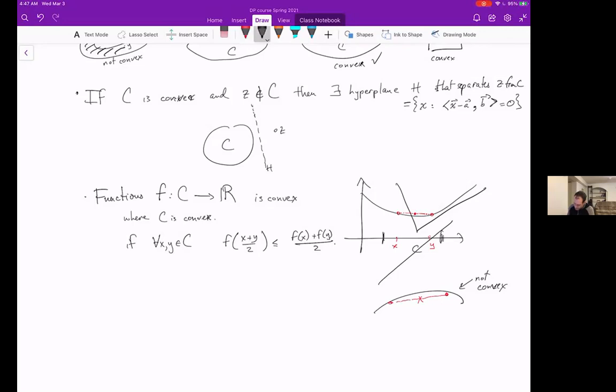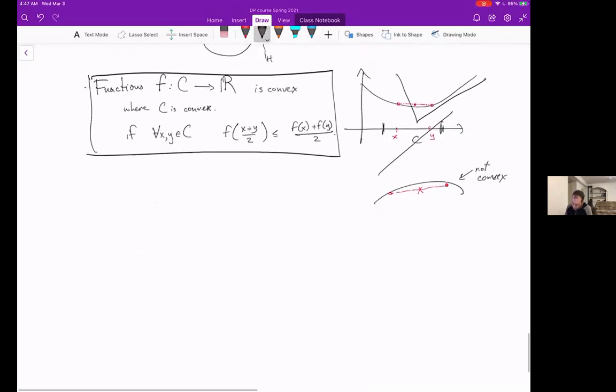It turns out this definition of convexity is very simple and very clean, but it's not actually that easy to work with. So an easier definition to work with that's equivalent is the following.